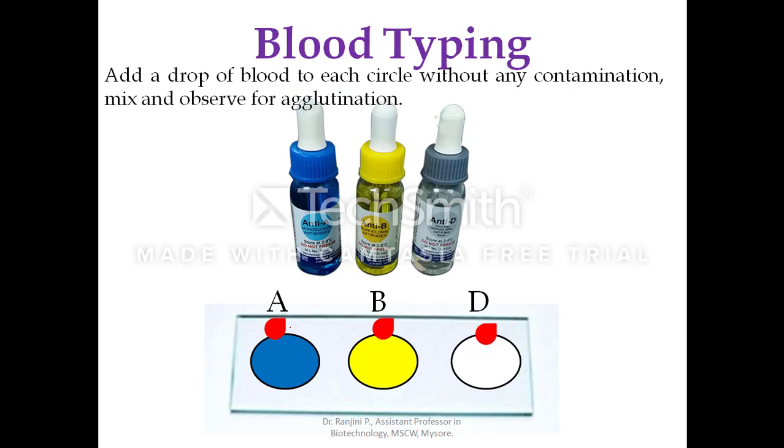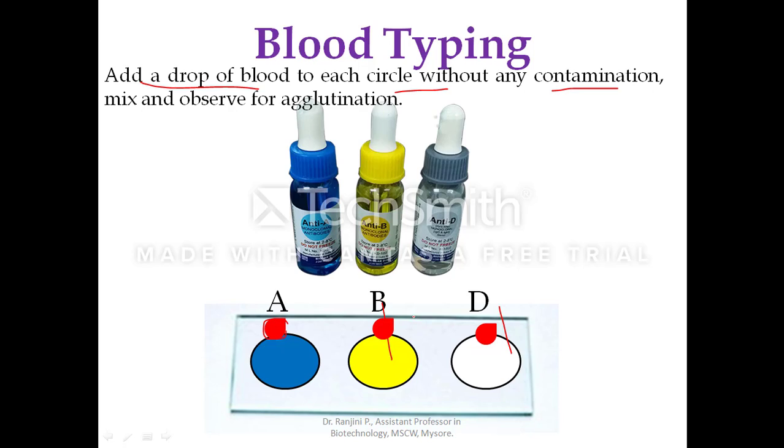Now, add a drop of blood to each circle without any contamination or mixing. You should add the blood drop without touching the solutions of A antisera, B antisera or D antisera. Just above the circle you drop the blood, one drop of blood will be added.